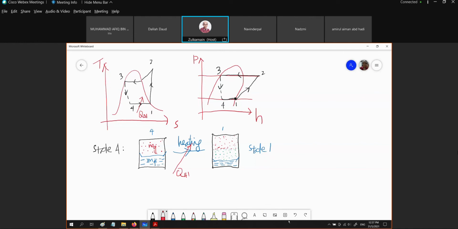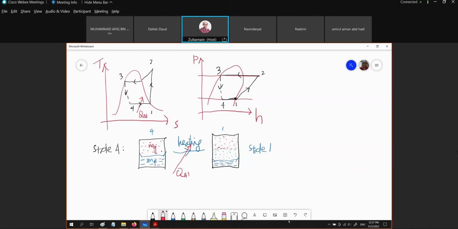We want to separate so that we have a more efficient process of absorbing heat from state 4 to state 1. The separation is done in a component called a flash chamber.